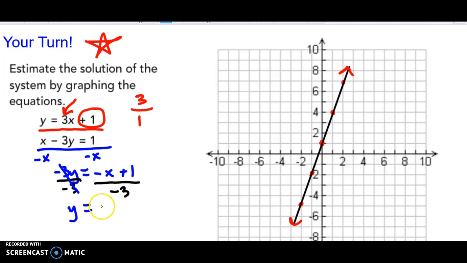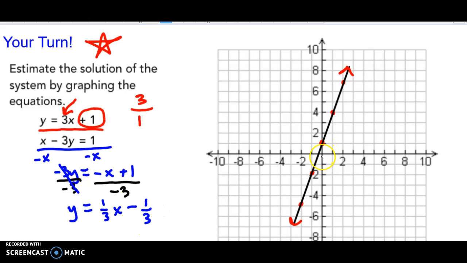Negative divided by negative makes a positive. So this gives me 1/3 x. And I also have to divide a positive 1 by my negative 3. So a positive divided by a negative gives me a negative. This is also 1/3.